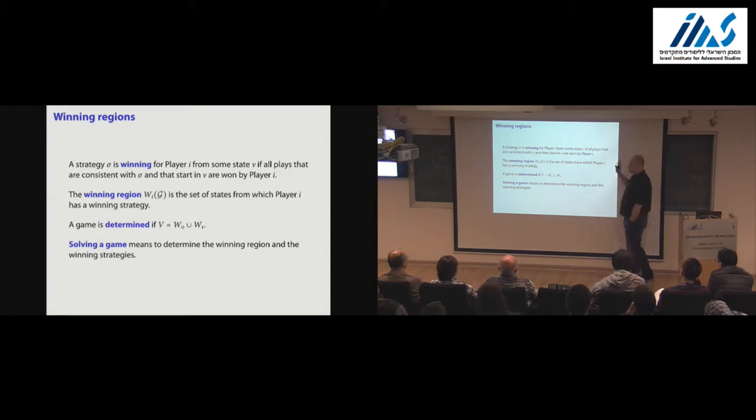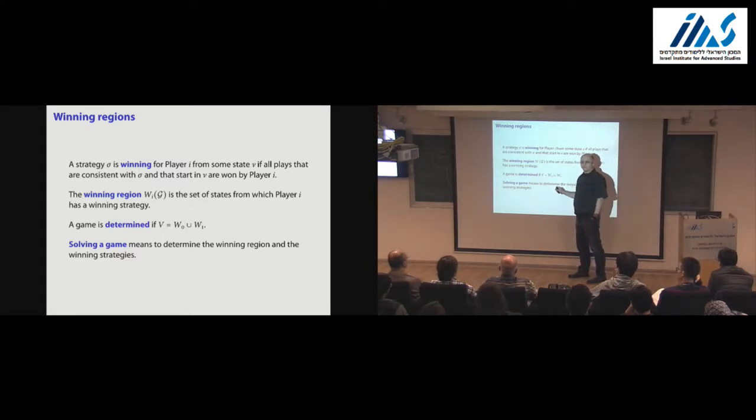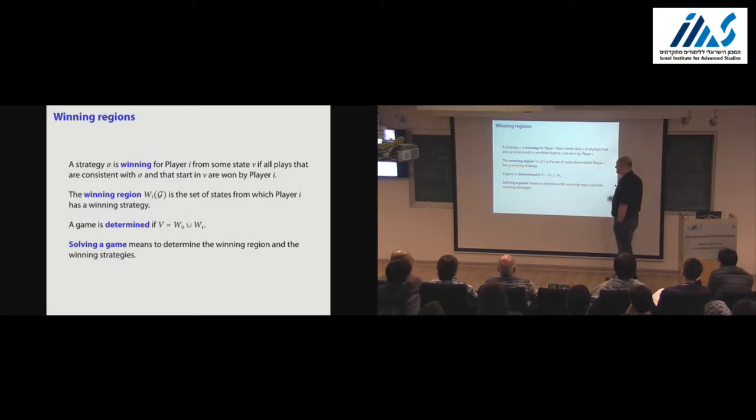And it turns out all the games we're looking at are determined, and this makes it so convenient. When we have the winning region for one of the two players, then we also have the winning region for the other player. Right? So when we say we want to solve the game, that means we want to determine the winning regions and, at least for one of the players, we want to have the winning region and the winning strategy.